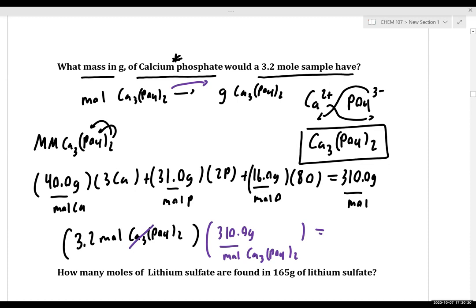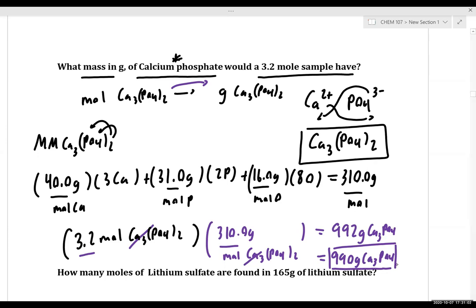The moles cancel, and in turn, we are left with a final mass of 992 grams of calcium phosphate, which we round to 990 grams of calcium phosphate to respect that our input had only 2 significant figures.